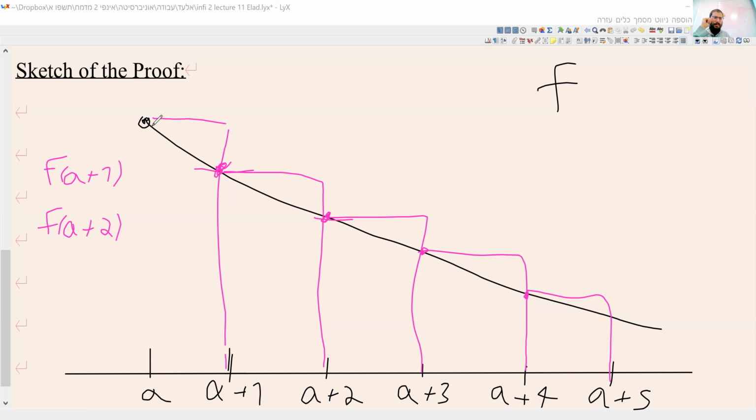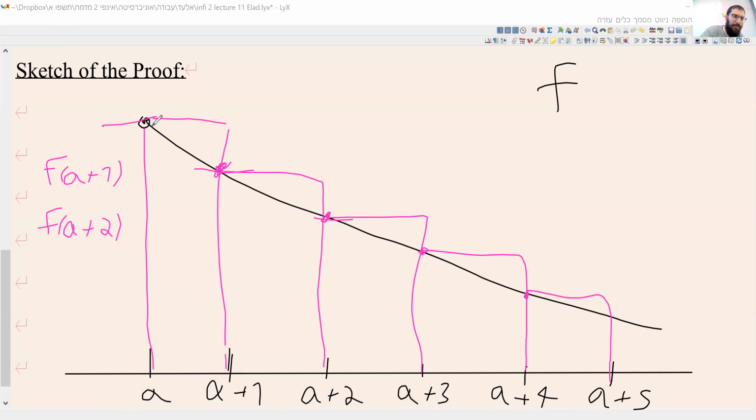Okay, so I'm not going to go deep into it, but let's elaborate more. So now we have these rectangles. Every base is of length 1, and the height is the values of f.